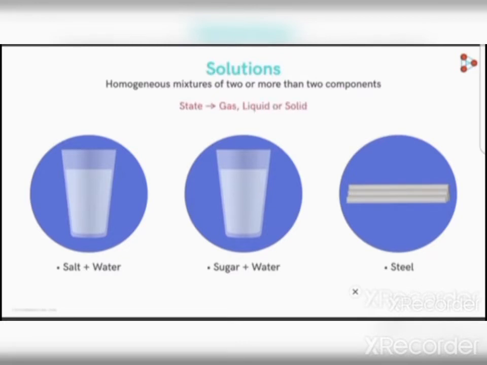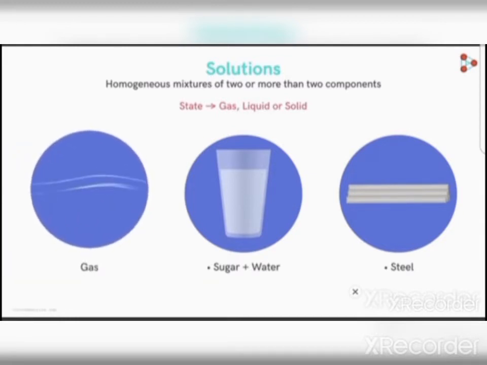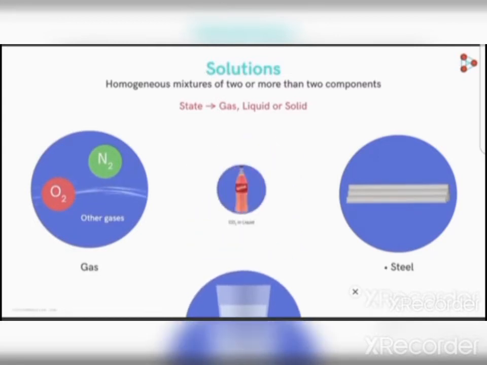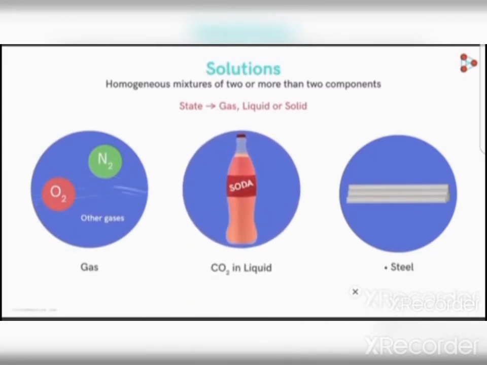For example, air is a mixture of nitrogen, oxygen and other gases. Another one is carbon dioxide in the soft drink where gas is dissolved in liquid. So, the solution can be in any of the three states of matter.